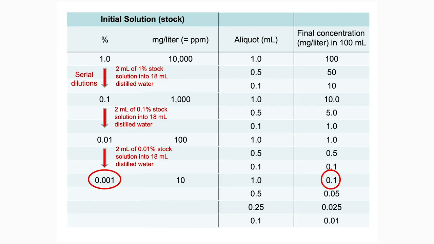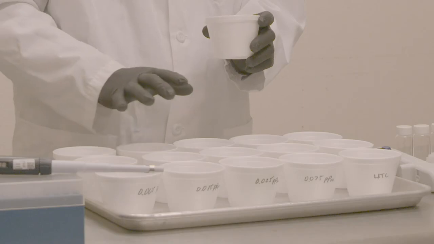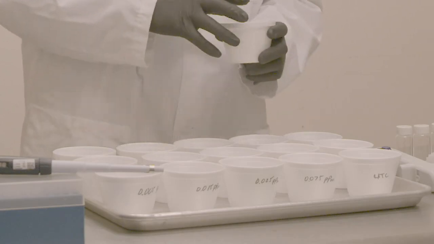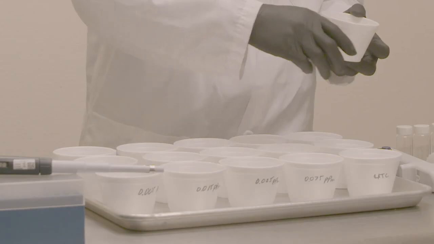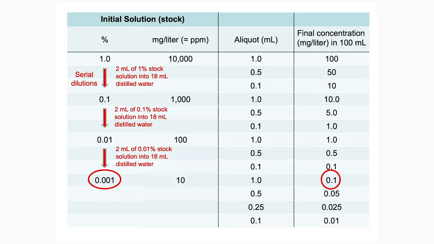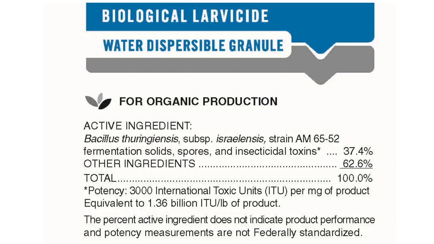To do this, serially dilute the 1% stock solution 3 times. If we were interested in the amount of BTI in each cup, then we would need to correct for the concentration of BTI in the formulated product. Based on the product label, we know that each liter of this formulated control agent contains 37.4% BTI.